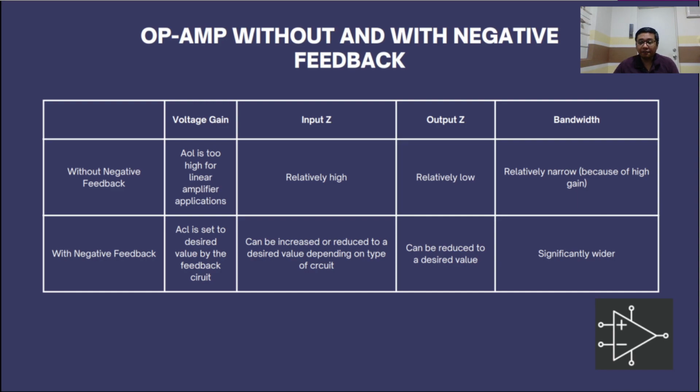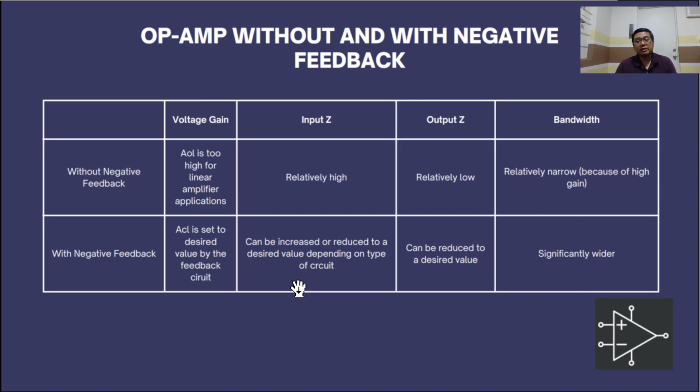But with negative feedback, in terms of the voltage gain, it's called the closed loop voltage gain, and we can control it. We can set it to a desired value depending on our design parameters, depending on the needs of our circuit or design. So it is controlled by RF and RI. In terms of the input impedance, it can be increased or reduced to a desired value depending on the type of the circuit.